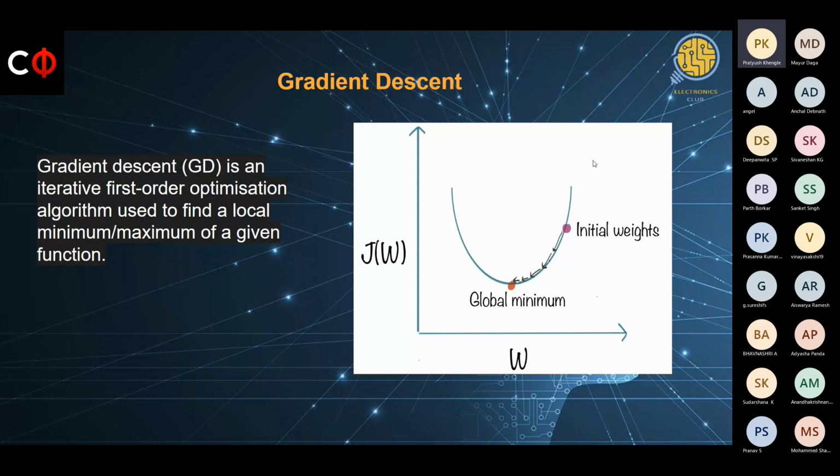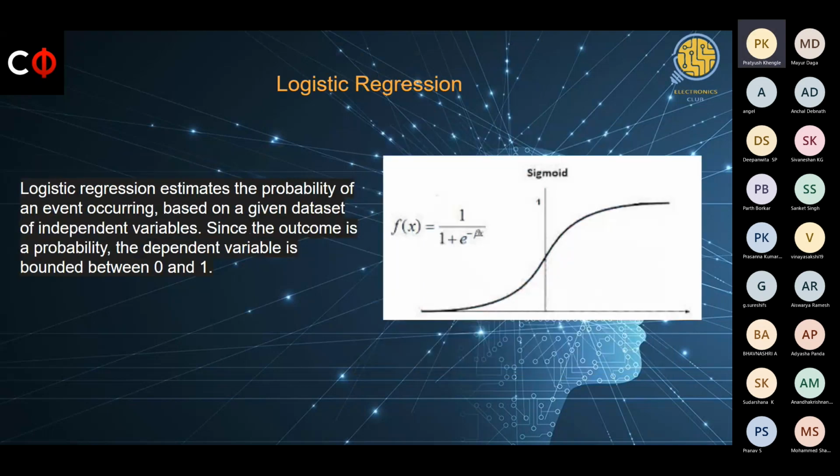If you were not able to follow anything, you can just ask in chat. Then there's one more method or architecture or model. It's called logistic regression. Unlike linear regression, which was a straight line, so it can give any value, logistic regression gives a value between 0 to 1.